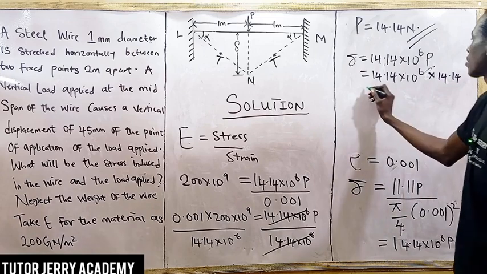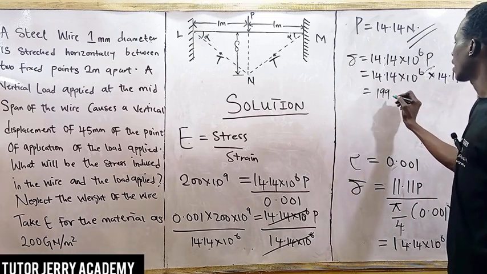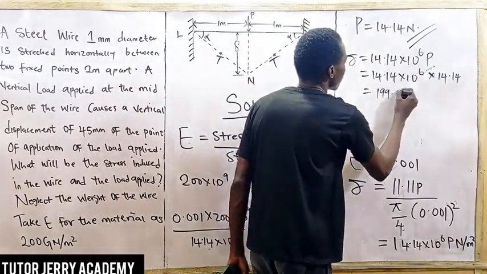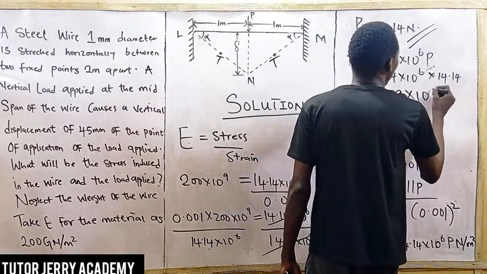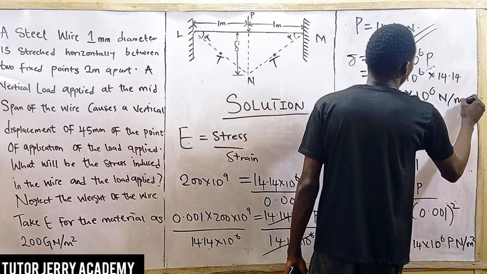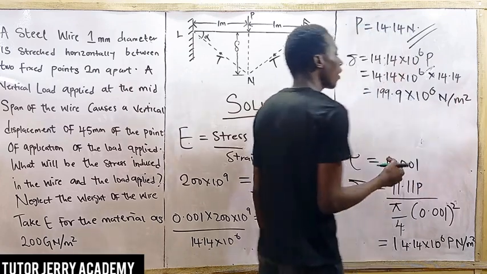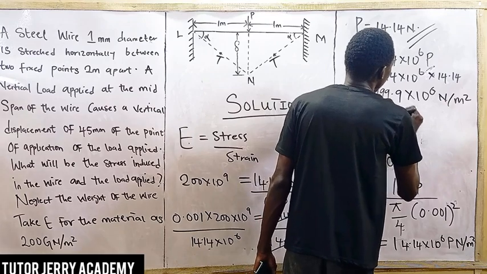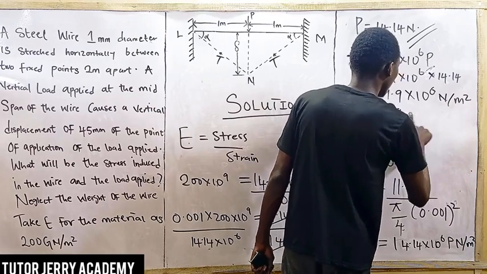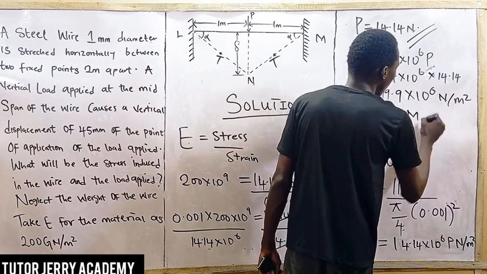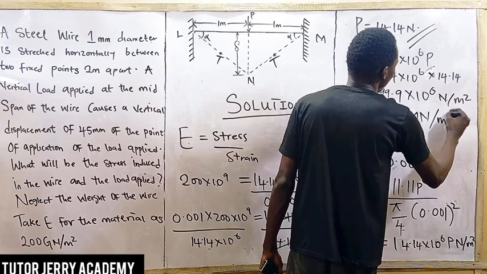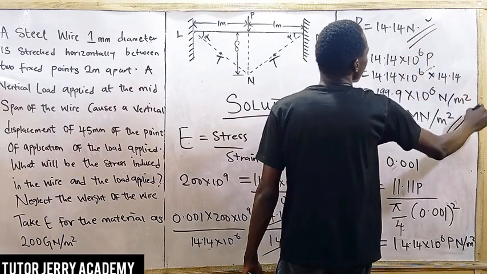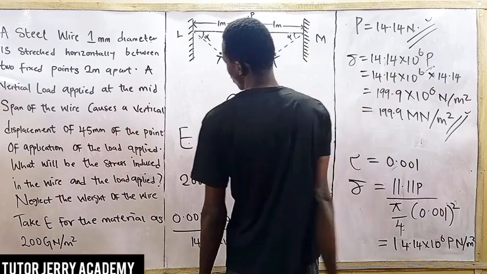Of course, if we do this, it will be nothing but 199.9 times 10 to the power of 6 Newton per meter square. We know that 10 to the power of 6 is nothing but mega. So this will be equal to 199.9 mega Newton per meter square. So this is the stress induced in the wire, and this is the load applied.